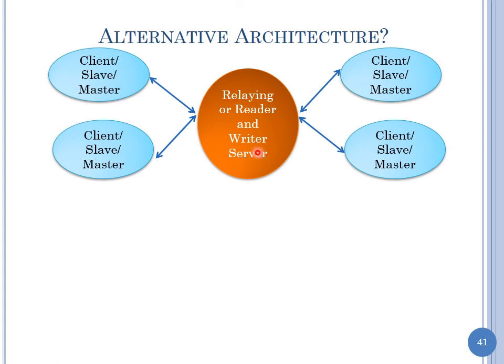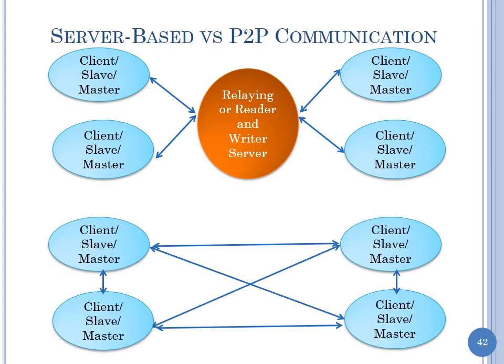What's an alternate architecture that could also provide you with some consistency of your documents? That alternate architecture essentially involves drawing arrows differently. So we can have everybody going through a central process, or we can have peer-to-peer communication where every replica talks to all of the other replicas. That's just drawing the arrows differently.